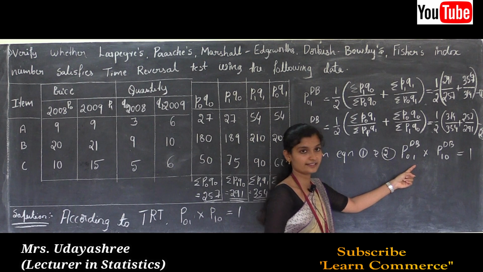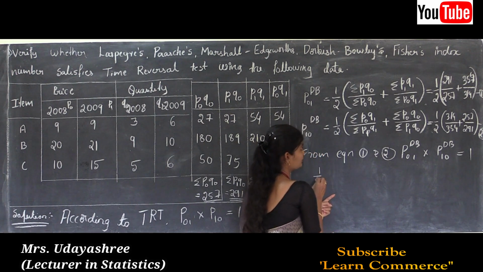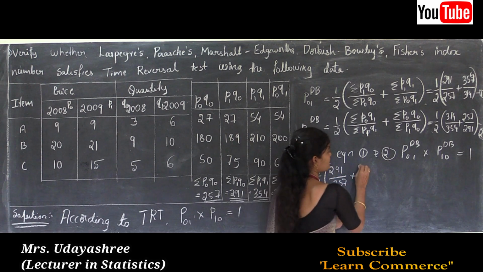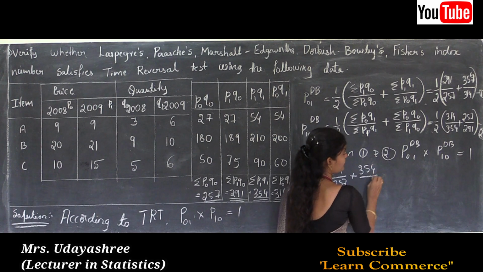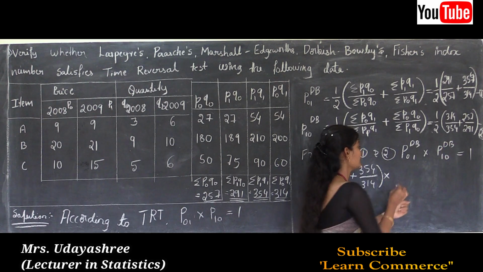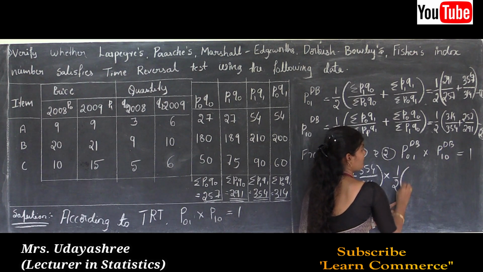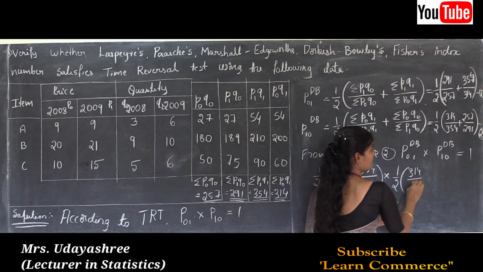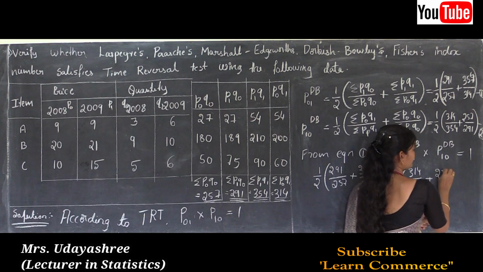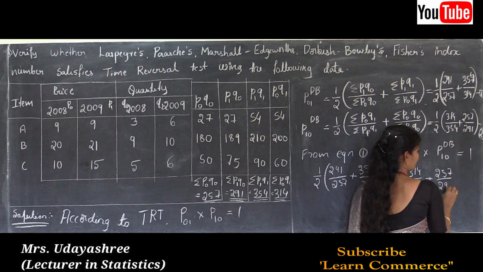The Drobisch-Bowley price index number is half into 291 divided by 257 plus 354 divided by 314, into the Drobisch-Bowley time reverse, which is half into 314 divided by 354 plus 257 divided by 291. This is equal to 1.